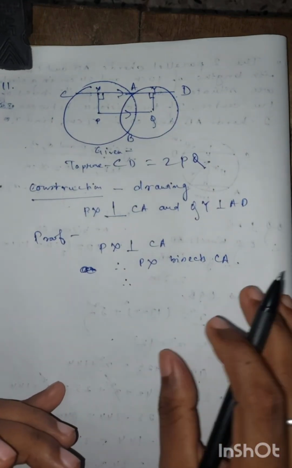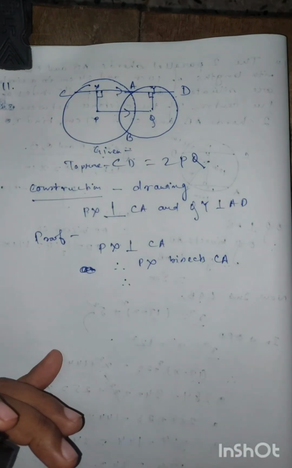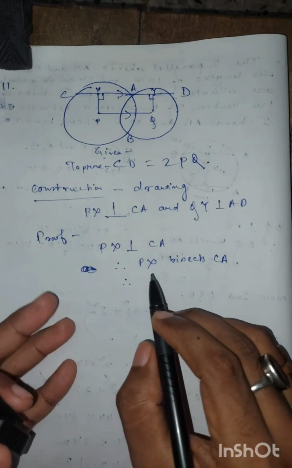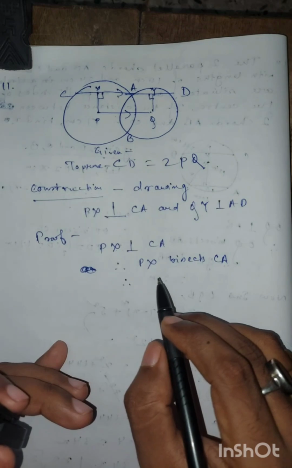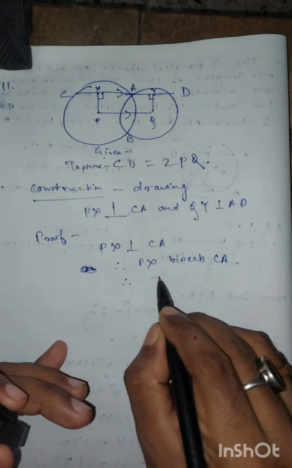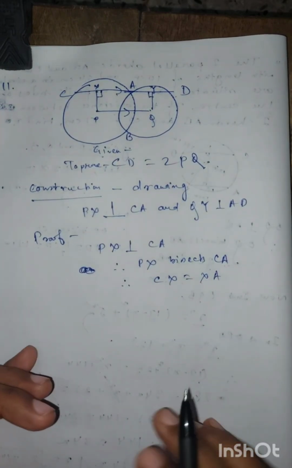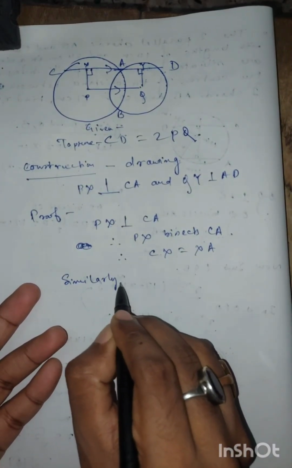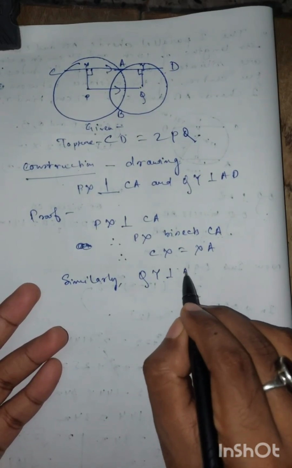Therefore, CX is equal to XA. Similarly, QY is perpendicular to AD.